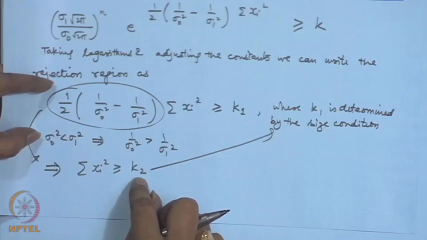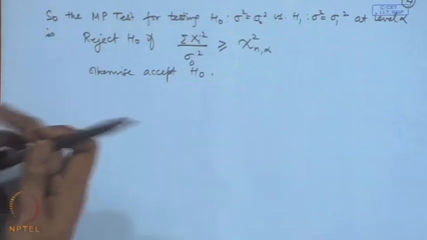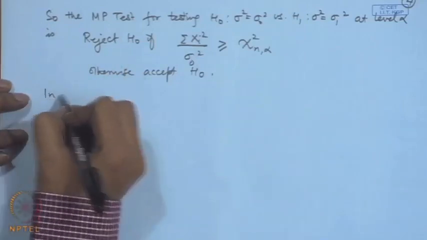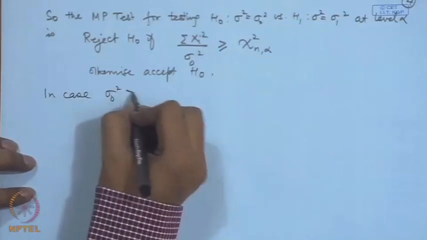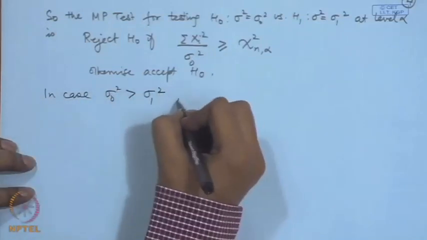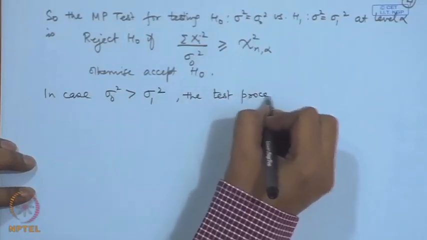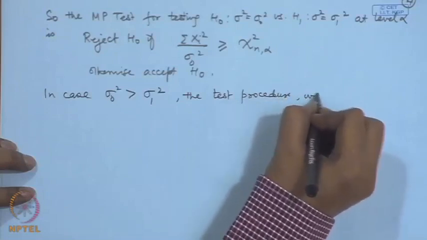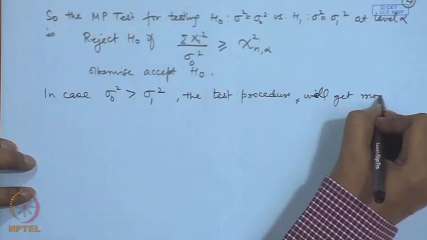and therefore, in case sigma naught square is greater than sigma 1 square, the test procedure will get modified.